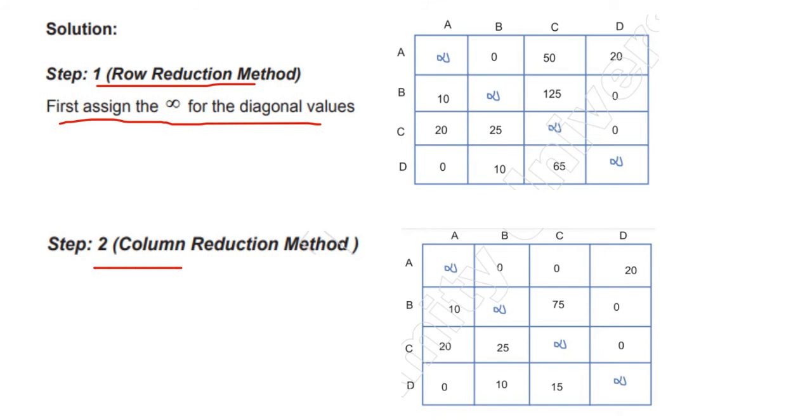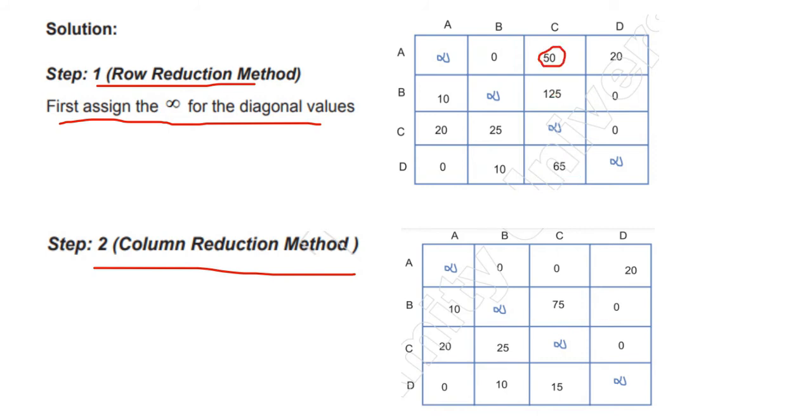The first basic step is done. Next is our column reduction, which means after completing row reduction, we look at the minimum value in each column. Suppose in this column our minimum is 0, hence it will remain the same. In the second column B, even there 0 is the minimum, hence it will remain the same. But in the third column C, we have 50 as the minimum.